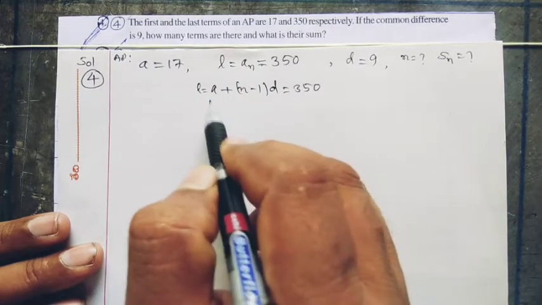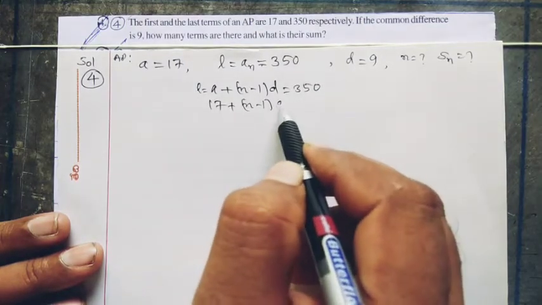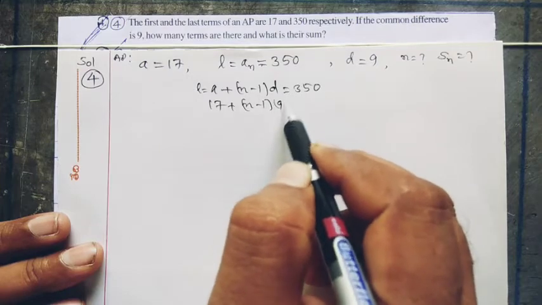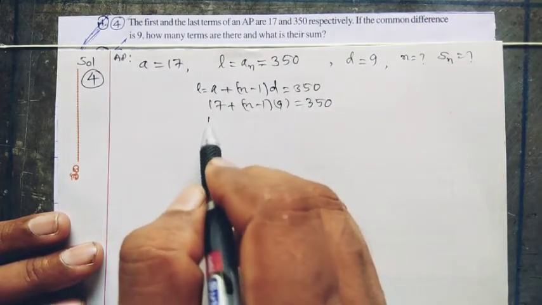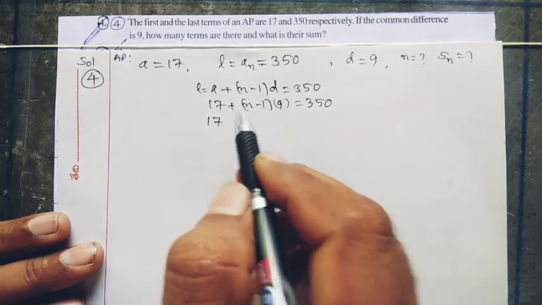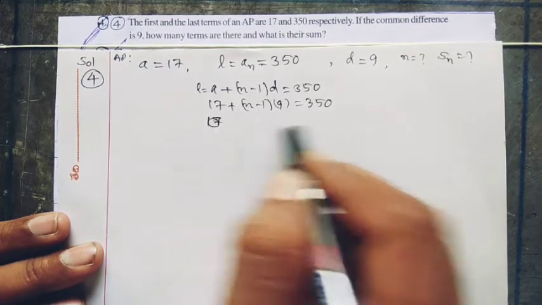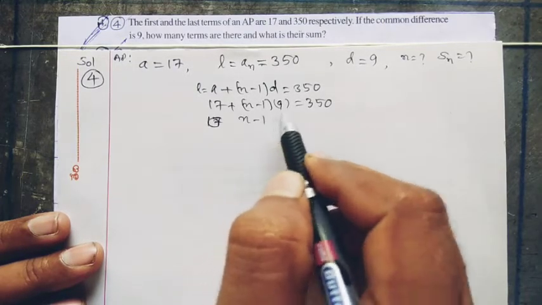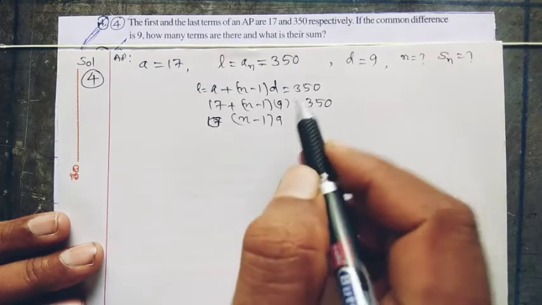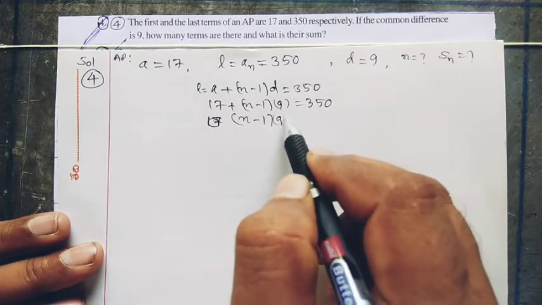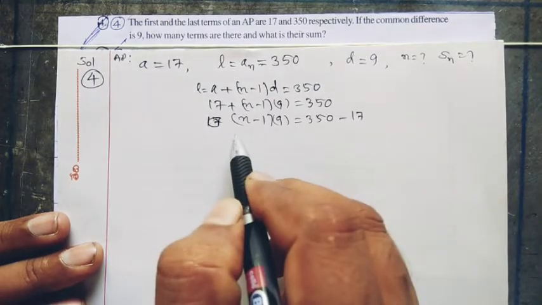A is 17, n minus 1 into D, 9, is equal to 350. 17, we have to transpose this on right side. N minus 1 into 9 is equal to 350 minus 17.